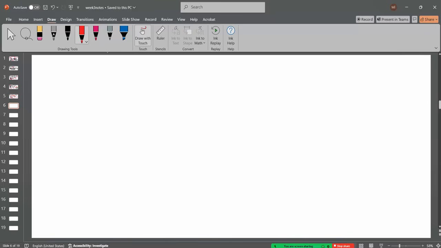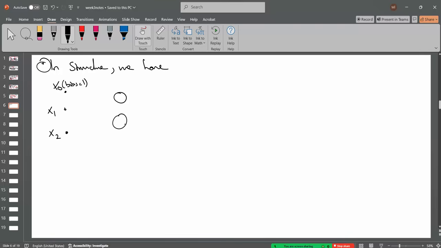in structure, it looks like this. We have x0, the bias value, which is equal to 1, and also x1 and x2. We have 2 hyperplanes, which means we have 2 neurons here.